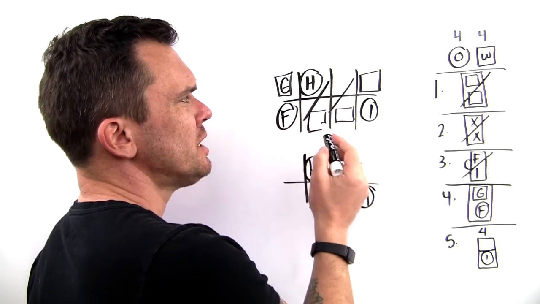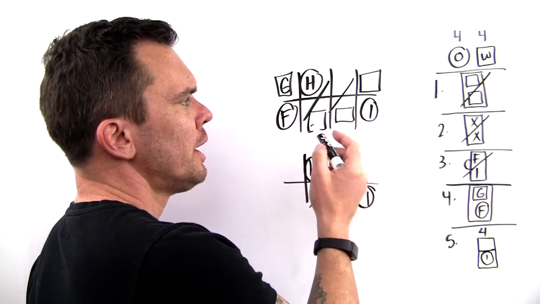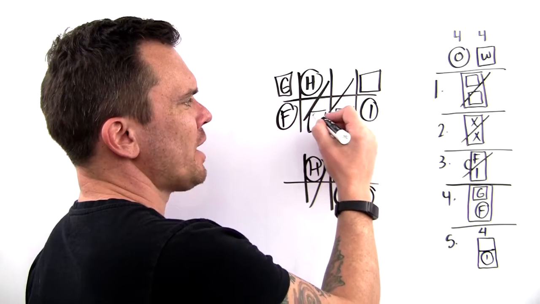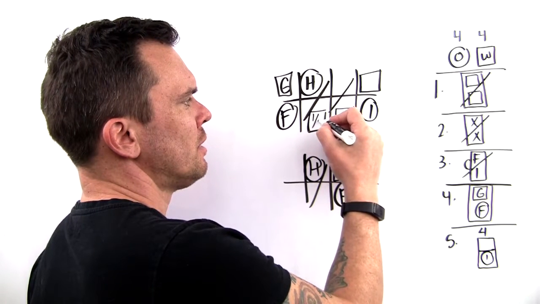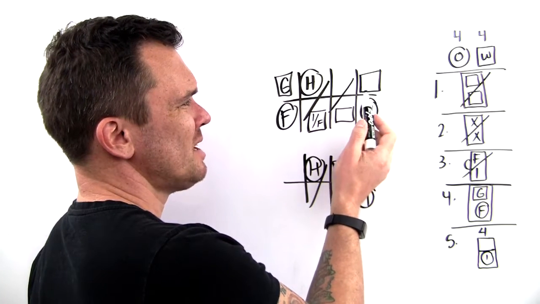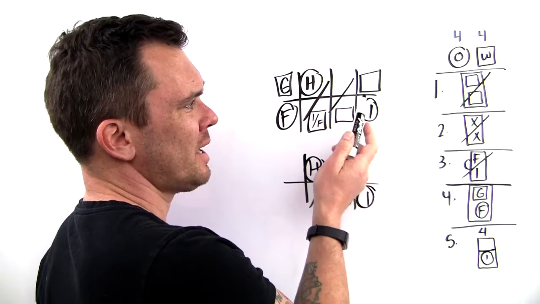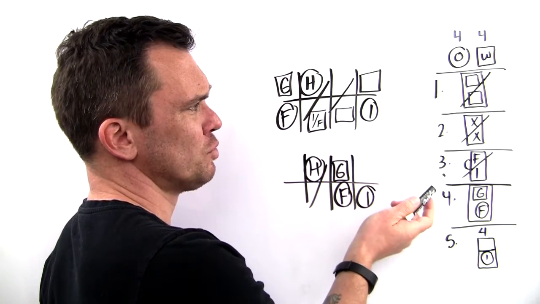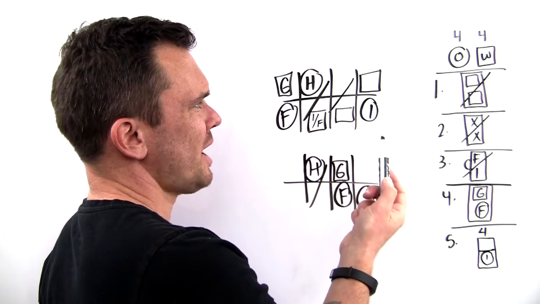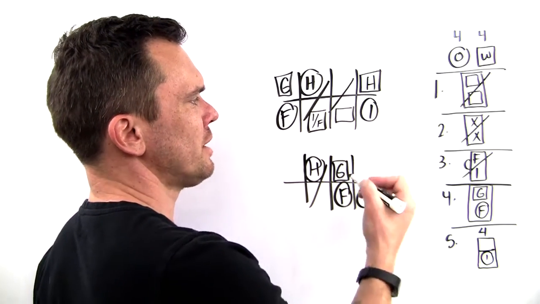I've already used G. This can't be H because Rule 2. So it is either I or F. And this can't be G because G is taken, and it can't be F because of Rule 3. So it is either H or I, and it's not I, so it has to be H. Okay.